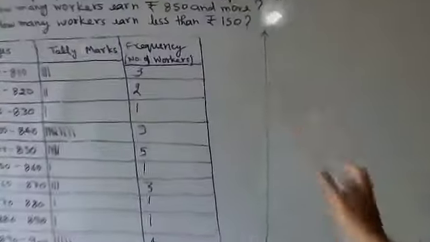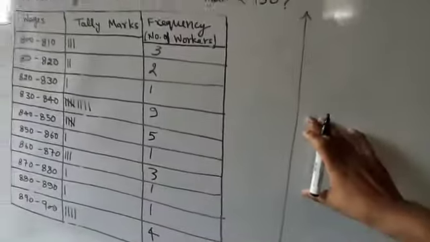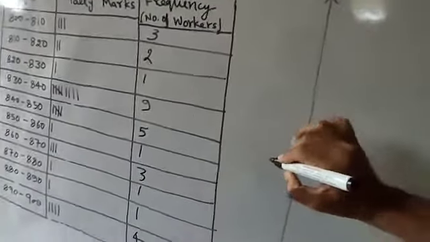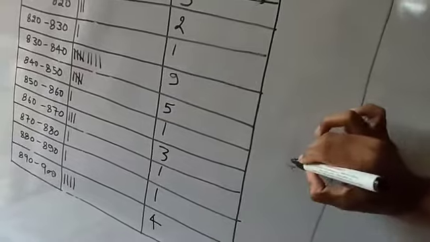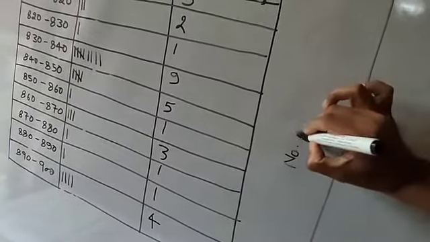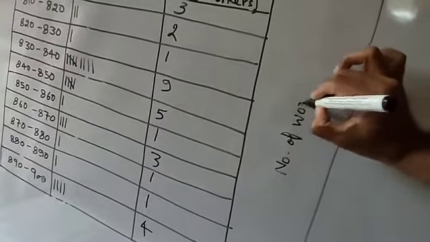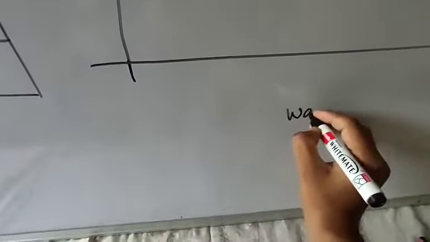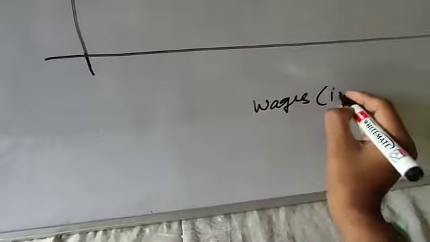On the y axis I will represent the number of workers, that is frequency, and on the x axis I am going to write wages in rupees.